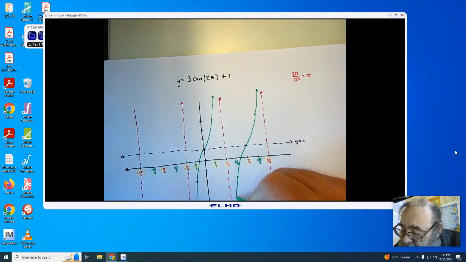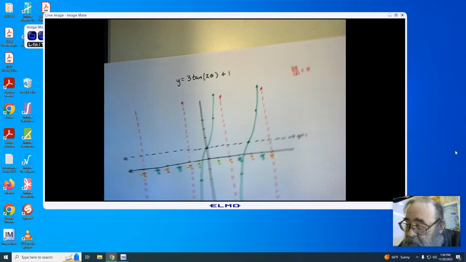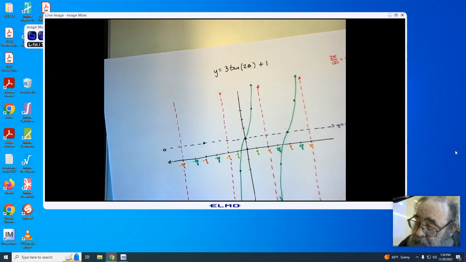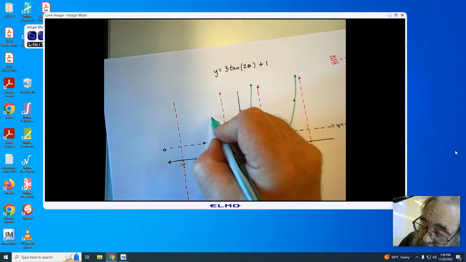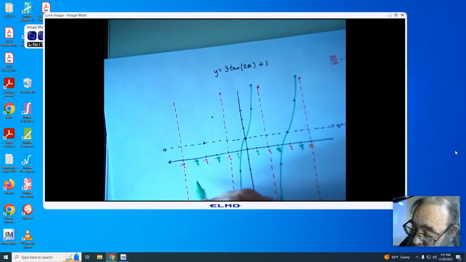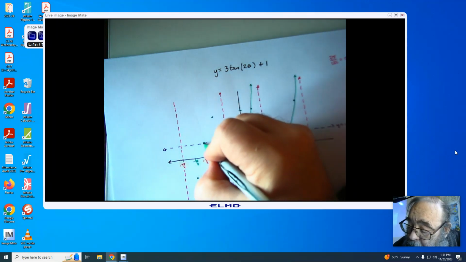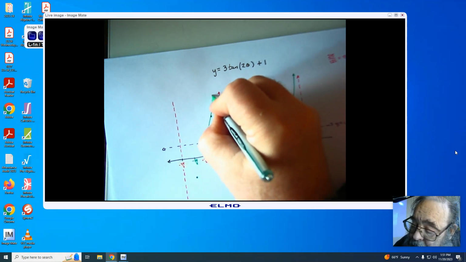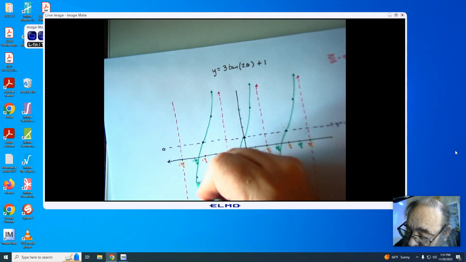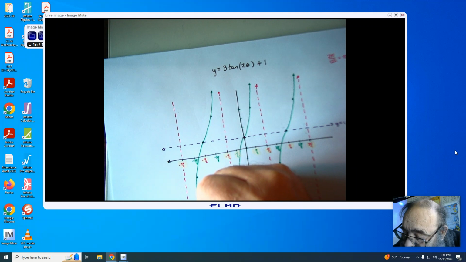Concave down and decreasing. Center line is at 0. Moving up 3. Going down 3. Concave up and increasing toward the asymptote, concave down and decreasing toward the asymptote.